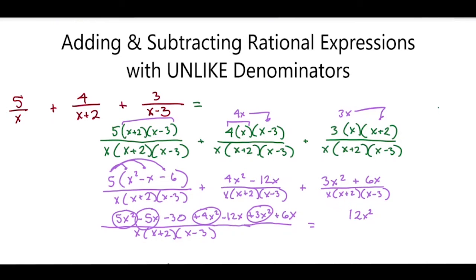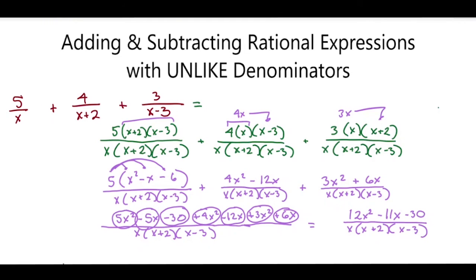So I have a negative 5x, a negative 12x, and a positive 6x. So that gives us negative 11x, so it's minus 11x. And the only constant is the minus 30, all over x times x plus 2 times x minus 3.